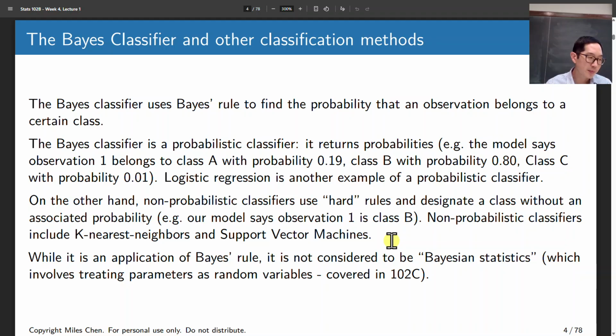Okay, and the Bayes classifier uses Bayes' rule. This is not Bayesian statistics, which is something entirely different, where you treat your unknown parameters as random variables. That's covered in a different course.